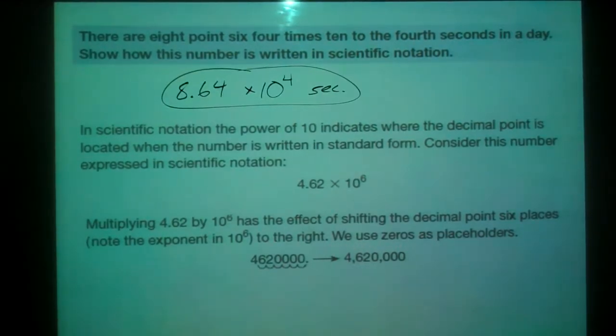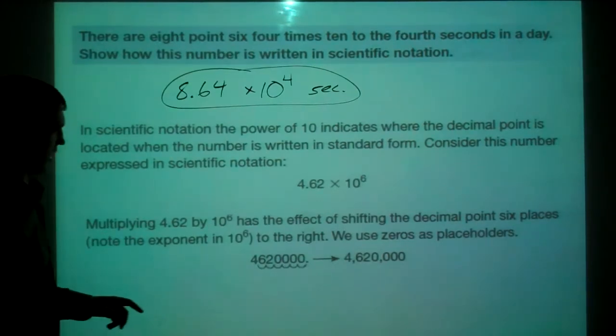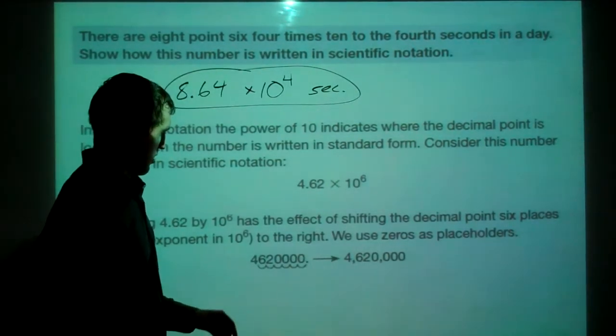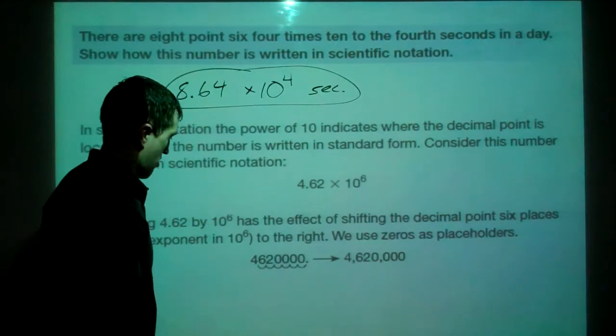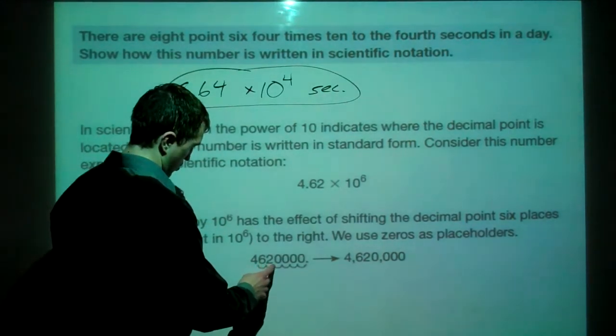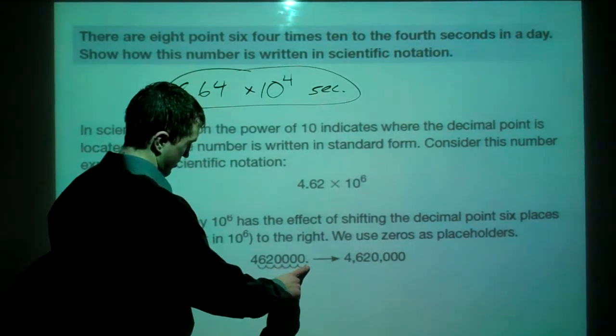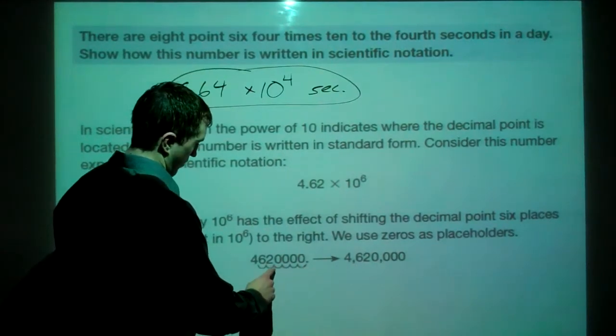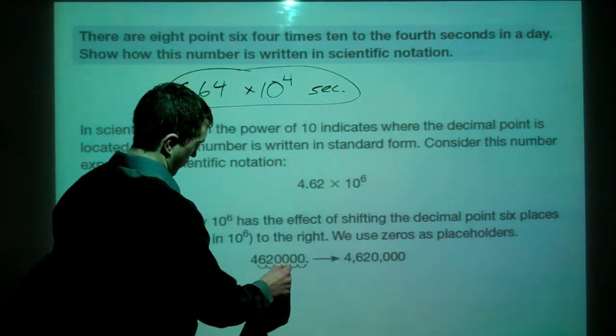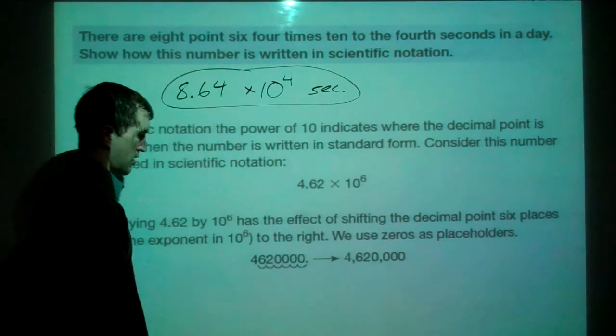So, they show you how to do this, kind of like I was doing before. We'll move it 6 spots to the right, as they did here. 1, 2, 3, 4, 5, 6, okay? And whenever there's not a number, we fill it in with a 0, okay?